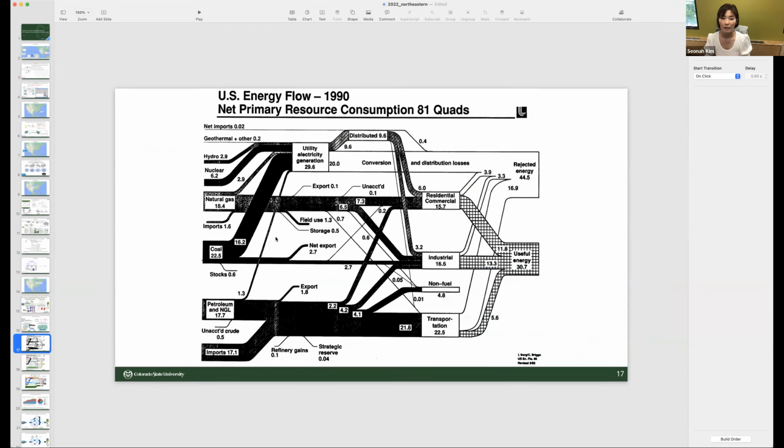Every year, the Lawrence Livermore National Lab publishes the U.S. energy flow chart. This one is 1990, the oldest one I can find. If you see what kind of energy we use in the States, it's usually petroleum, coal, and natural gas, the major part, easy to expect, right?